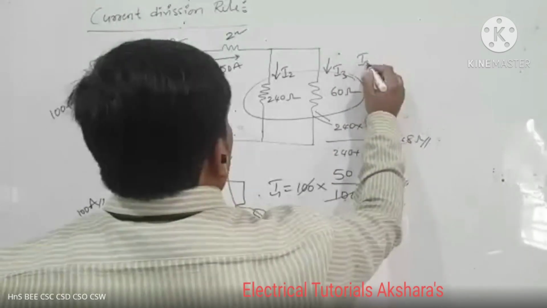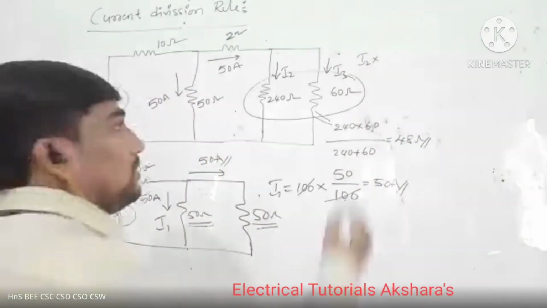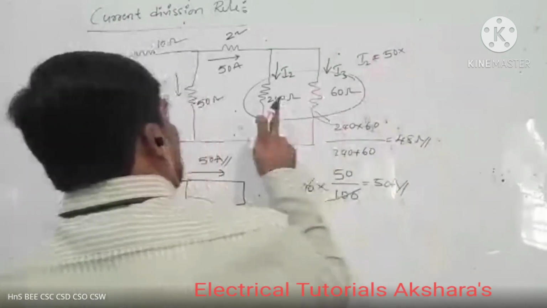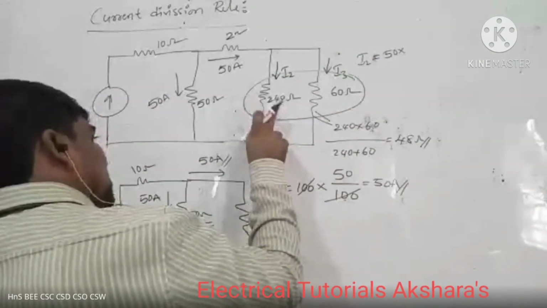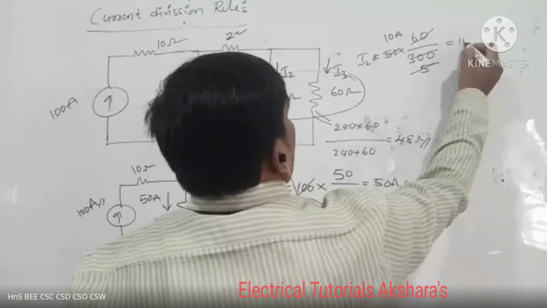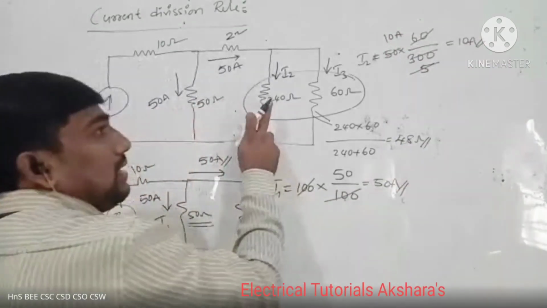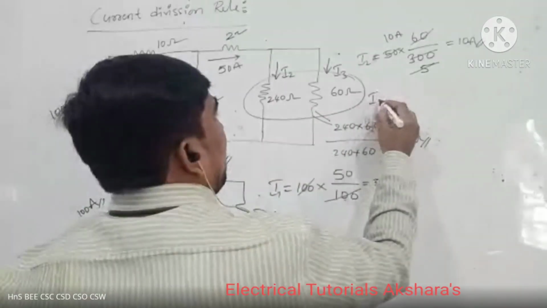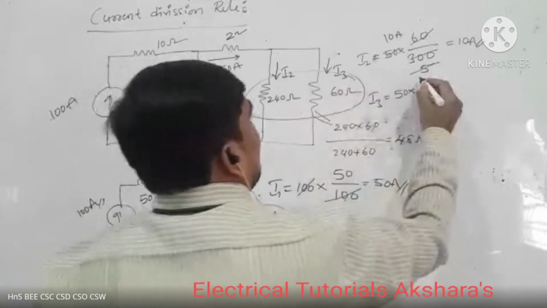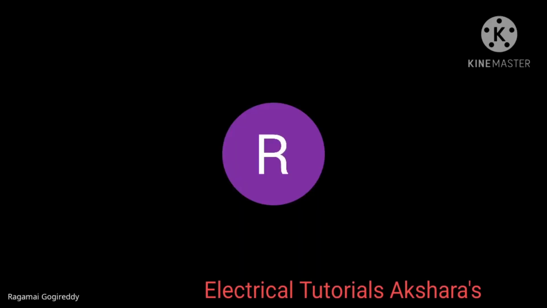Now I2 equals total current into the opposite resistance. What is the opposite resistance of I2? I2 is 10 amperes. Now coming to I3, 50 amperes into the opposite resistance, which is 240 by 300.